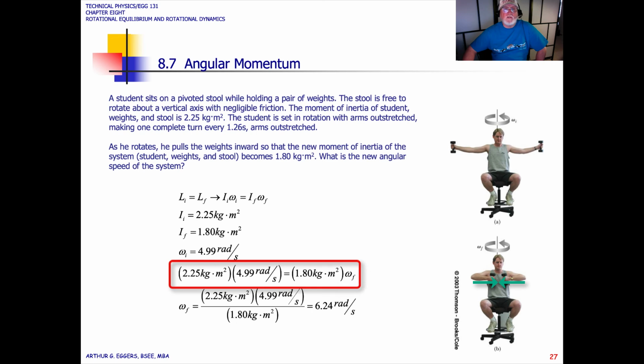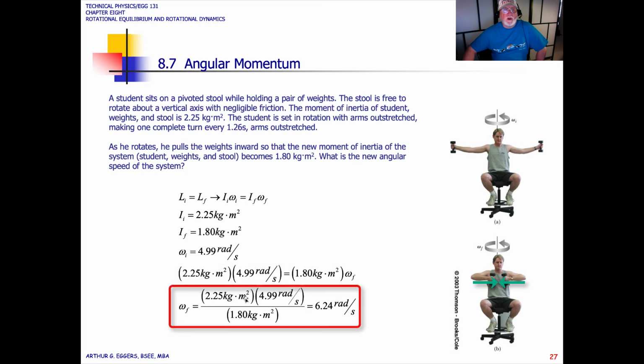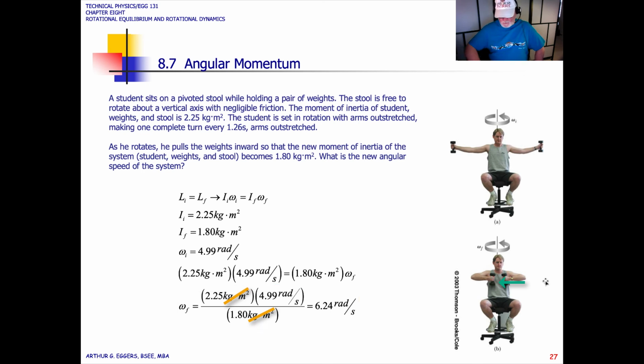We're going to solve for omega final. What happens when we pull those weights in? So we get 2.25 kilogram meters squared times 4.99 radians per second, divided by 1.8 kilogram meters squared. The kilogram meters squared disappear, and we're left with a unit of radians per second: 6.24 radians per second.